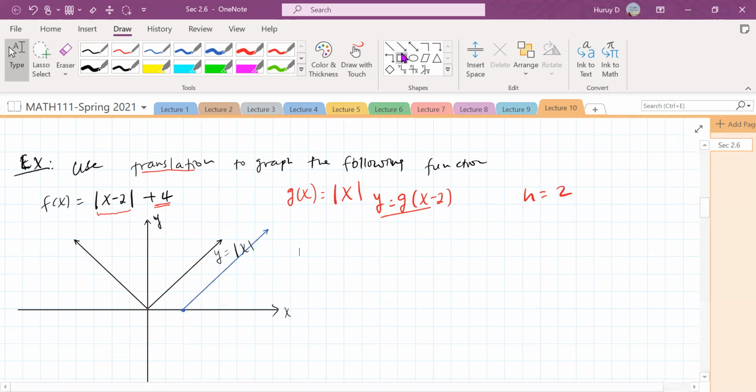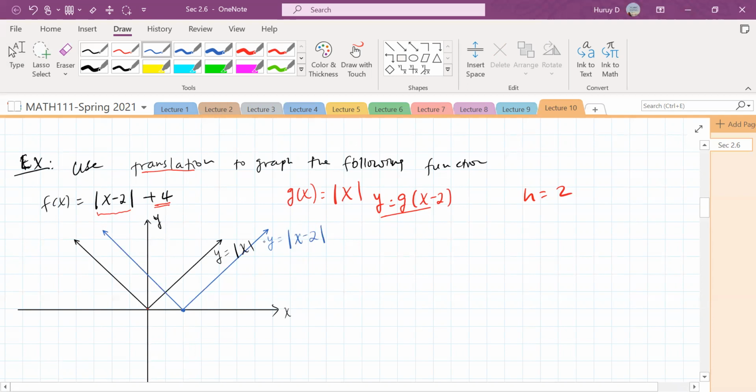Okay. And the other one will be, okay. So now, this graph is y equals the absolute value of x minus 2.